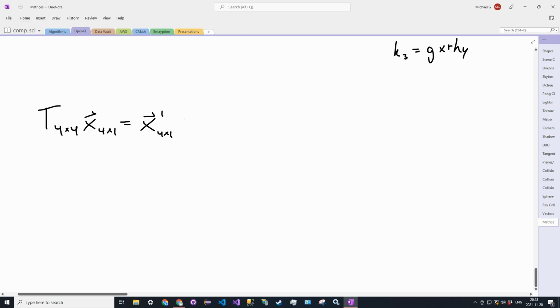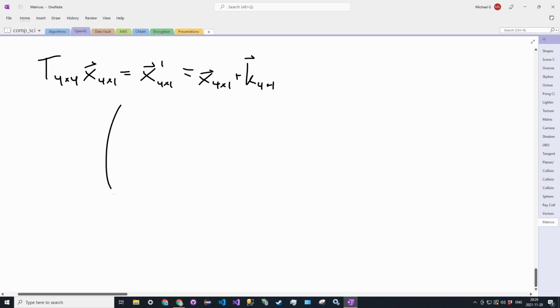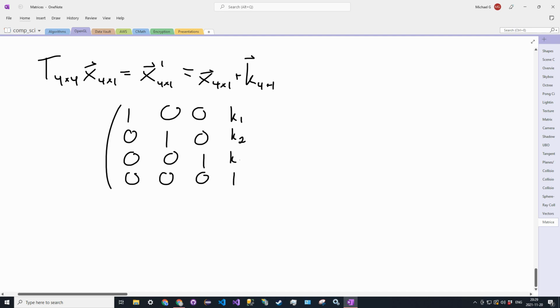If we want this equal to X plus K, the translation vector, we'll see that the matrix T has to have 1s on the diagonal, and then in the right column, we're going to be putting the values of K. So K1, K2, K3.